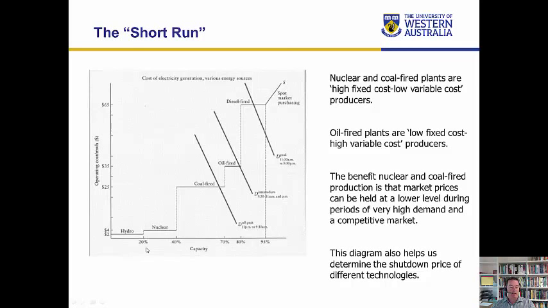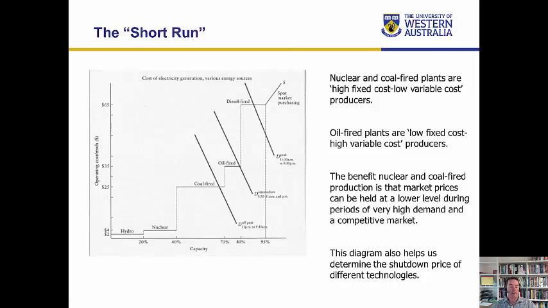Now the thing to note here is that hydro is very cheap in terms of operating costs or variable costs. Now, of these different ways of generating electricity, in terms of capital costs, in terms of fixed costs, hydro is the most expensive. But in generating this marginal cost curve, the person who generated it hasn't considered the high fixed cost of hydro. They're only focusing on the low variable costs of hydro.